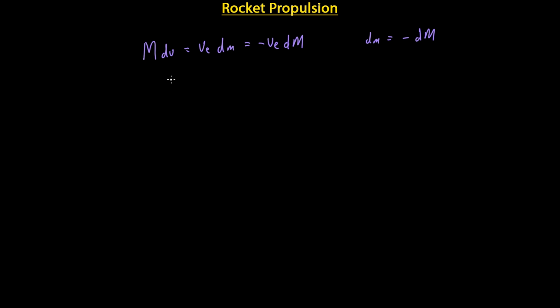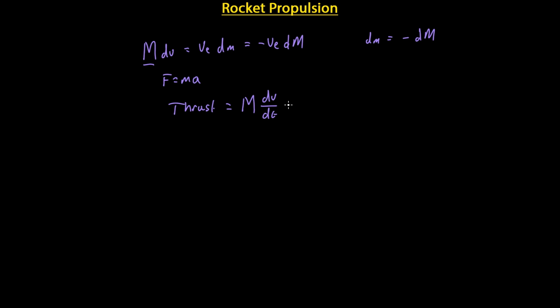So we can use Newton's second law, force is equal to mass times acceleration, to obtain the thrust of this rocket when it's ejecting fuel at a velocity of v sub e. So the thrust, which is simply the force exerted on the rocket by the ejected exhaust gases, is equal to the mass of the rocket itself multiplied by dv over dt, which is the acceleration.